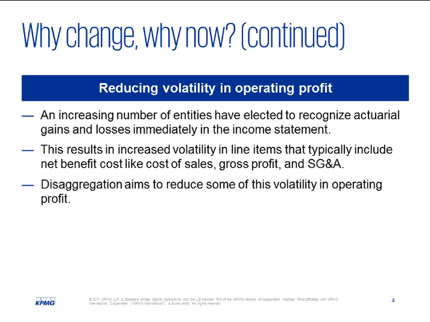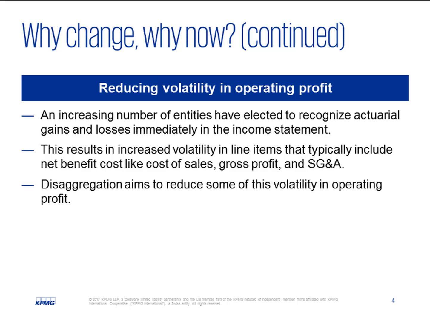Stakeholders say this causes more volatility in line items that typically include net benefit costs, like cost of sales and SG&A. So interim measures of performance like gross profit and operating income can be affected, with reduced predictive value.